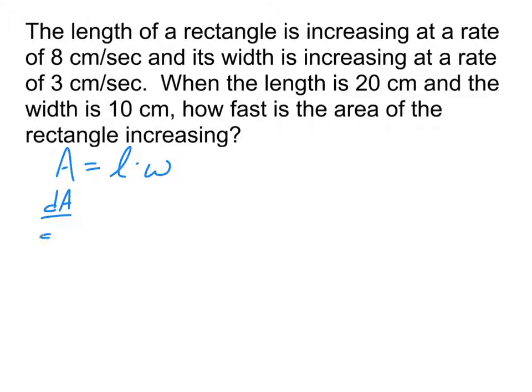So dA over dt equals, now product rule. Remember, product rule is original times derivative plus derivative times original. So that's going to be w and dl over dt. All right, so that's my derivative using product rule.